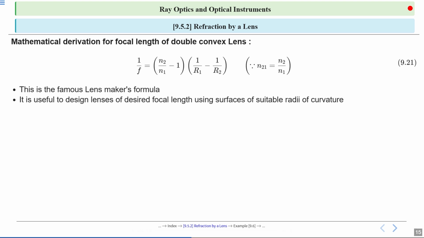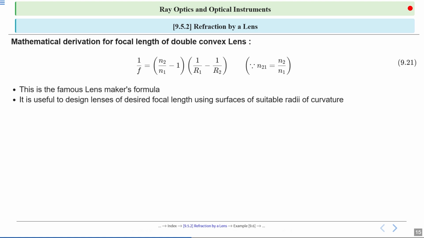It is useful to design lenses of desired focal lengths. If we know the refractive index of the medium of the lens and also the radii of curvature, we can determine the focal length. Why is it called the lens maker's formula?